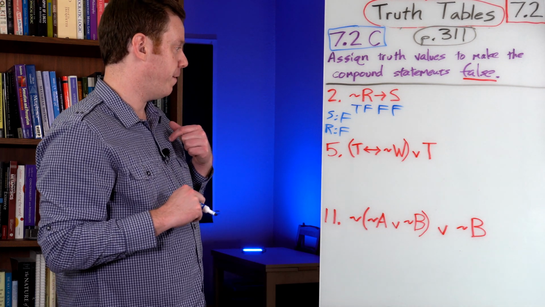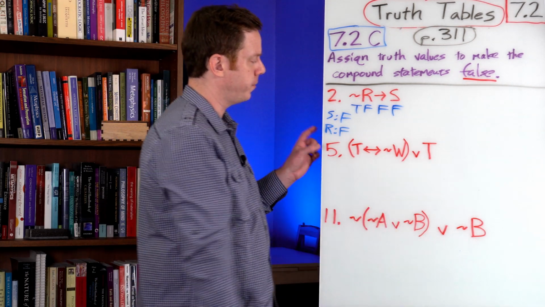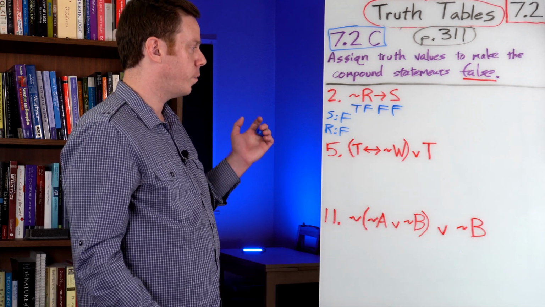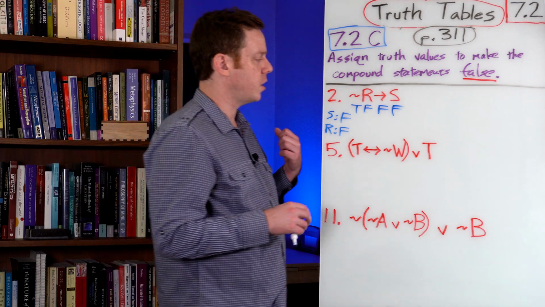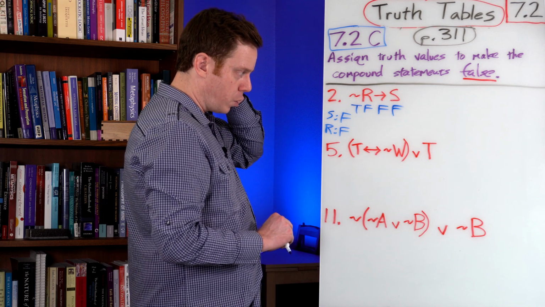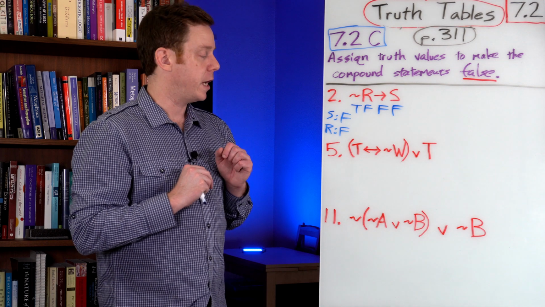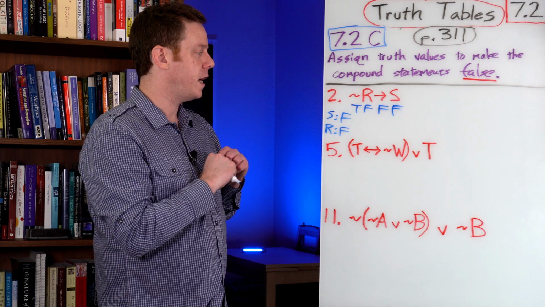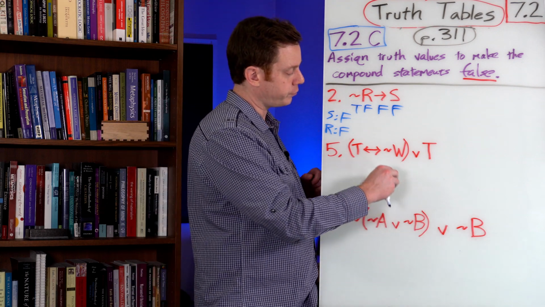What about number 5? We want this whole thing to be false. What's the main operator here? Because that's the thing that's going to govern whether the whole thing is true or false. The main operator is the thing with the most scope, meaning it's saying something about everything else.